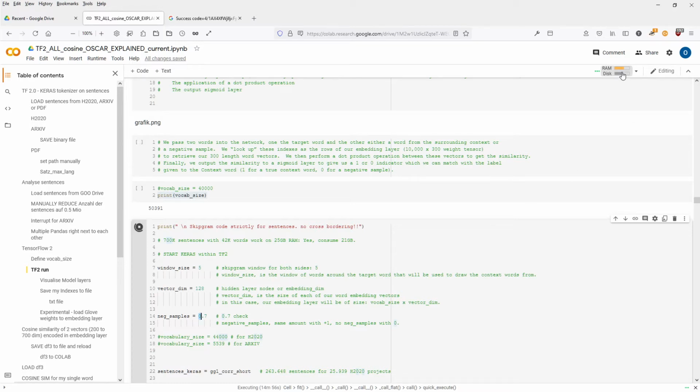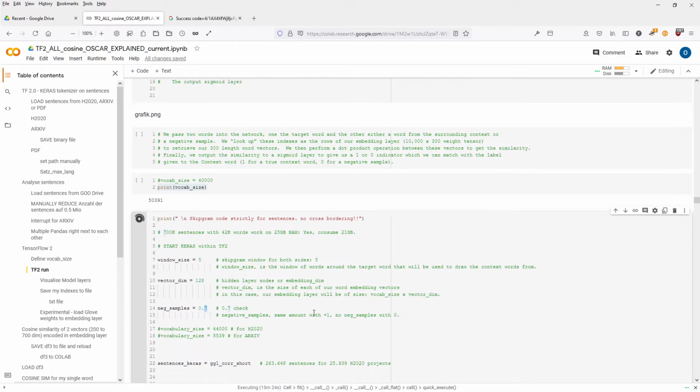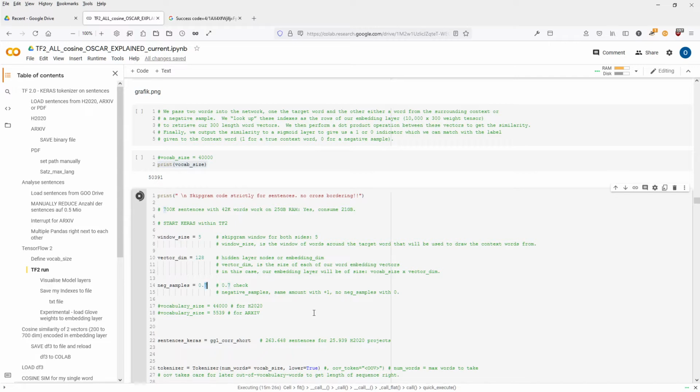This is given my RAM limitation of only 12 gigabytes of RAM on an NVIDIA GPU graphics card. If you have a better GPU available, please increase your window size, maybe also increase from 128 to 256 dimensional embedding. And if you can afford it, set the negative sampling rate to 1. That's the same amount of negative samples as positive samples.